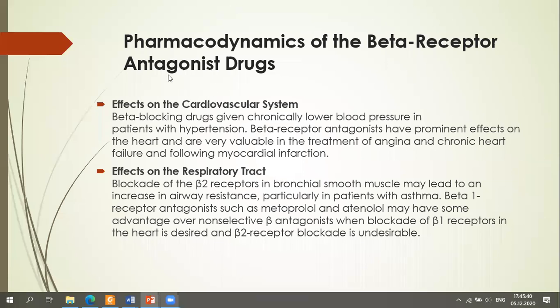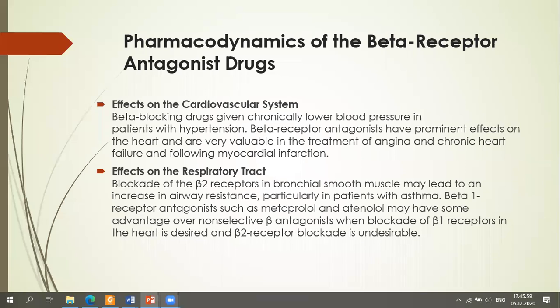And mostly these beta receptor antagonists are also used for the treatment of hypertension, which is related to the cardiovascular system. One of them is the cardiovascular system, another one is the respiratory system.